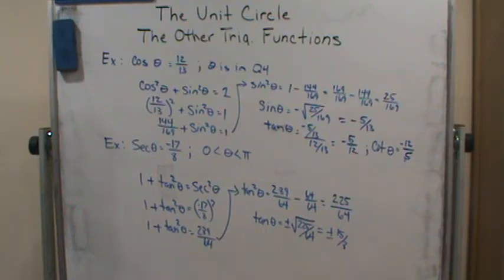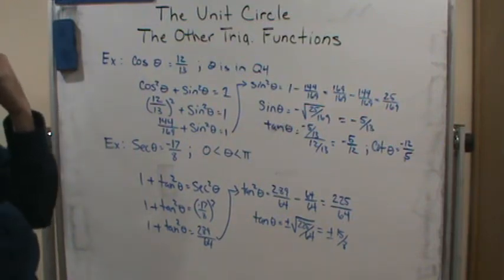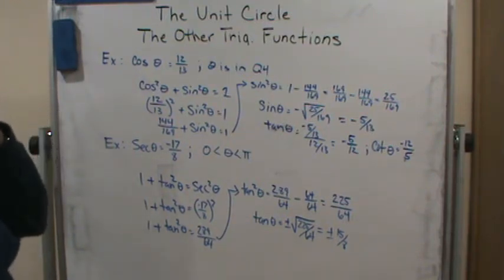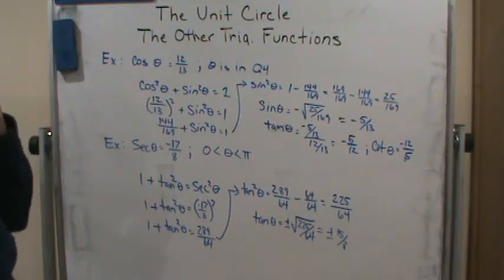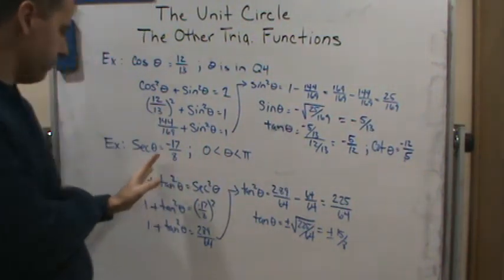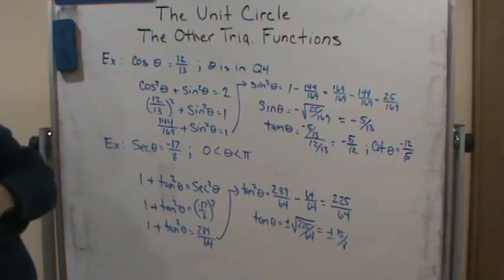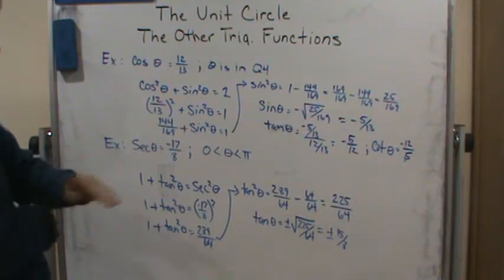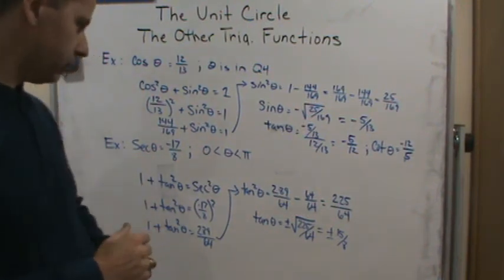Cosine is positive in the first and fourth quadrant. Okay? So that means it's negative in the second and third quadrant. Well, since theta has to be between 0 and pi, that eliminates what? The third quadrant. Okay? So far, we know this has to be in the second quadrant.